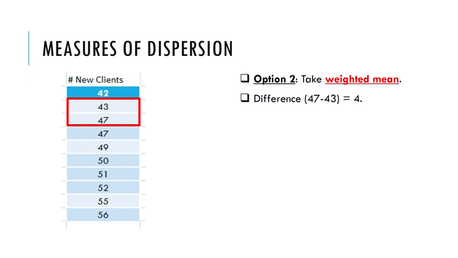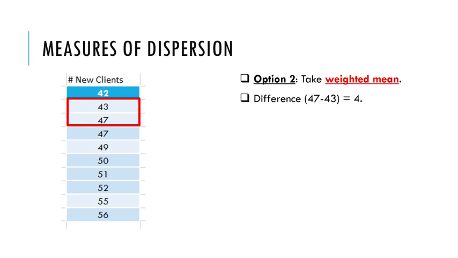What we need to do is we're going to figure out where exactly are we between 43 and 47, but we're going to do it using a weighted method. So in the last option, option 1, we said, okay, we know we're somewhere between 43 and 47, but we're just going to round to 3, which, 1, 2, 3, put us at the 47 number, right? Now what we're going to do is figure out the weighted measure, the weighted mean.